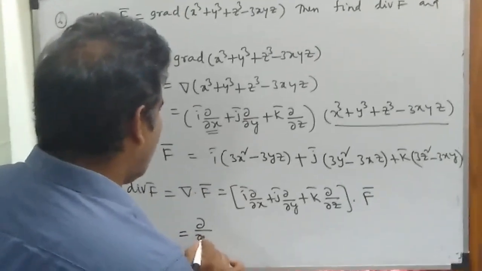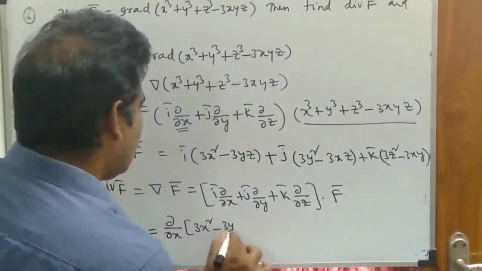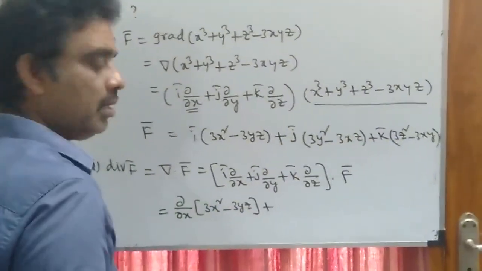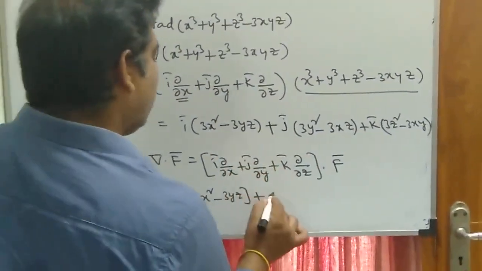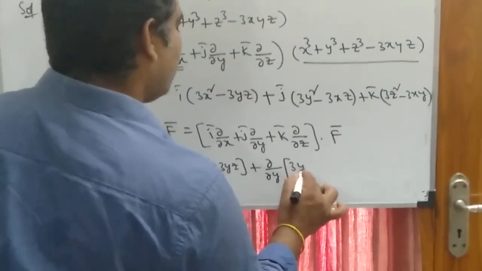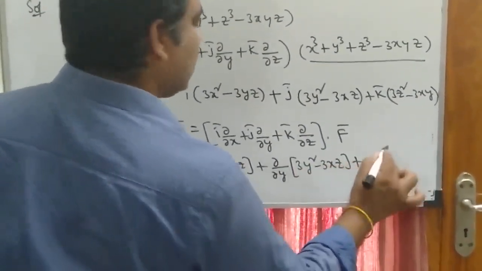So the first term is dou by dou x of 3x square minus 3yz. Plus j bar dot j bar is 1, so we get dou by dou y of 3y square minus 3xz.